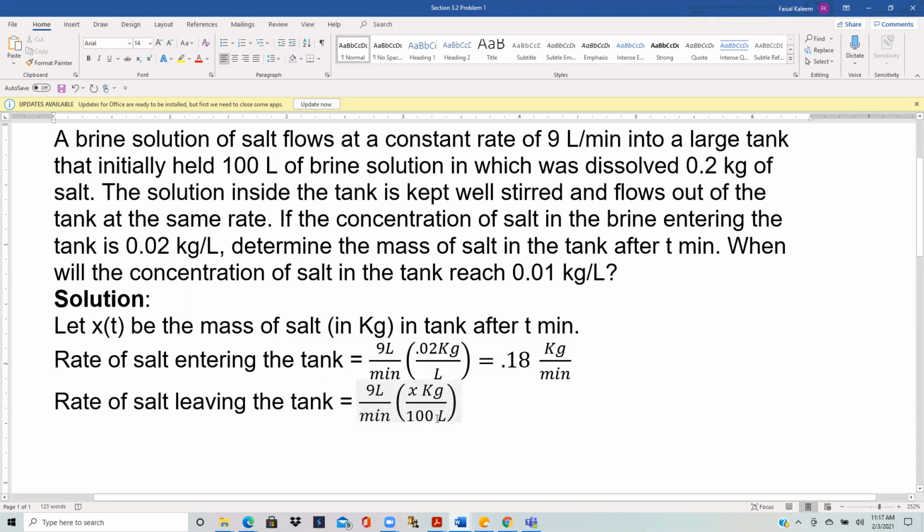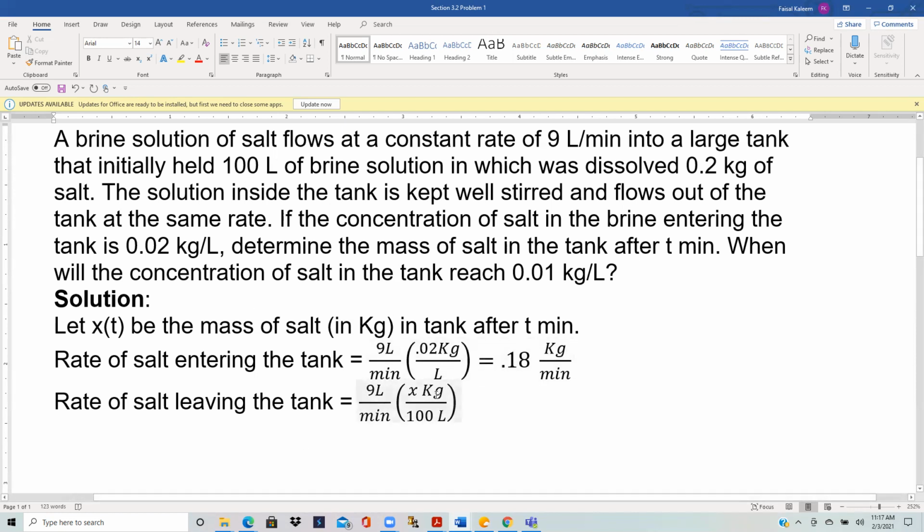The amount of liters always stays the same, 100 liters. It initially had 100 liters, and they tell us that it stays 100 liters. Because if it's initially 100 liters and the inflow rate is the same as the outflow rate, it means that this quantity of 100 liters is always maintained.